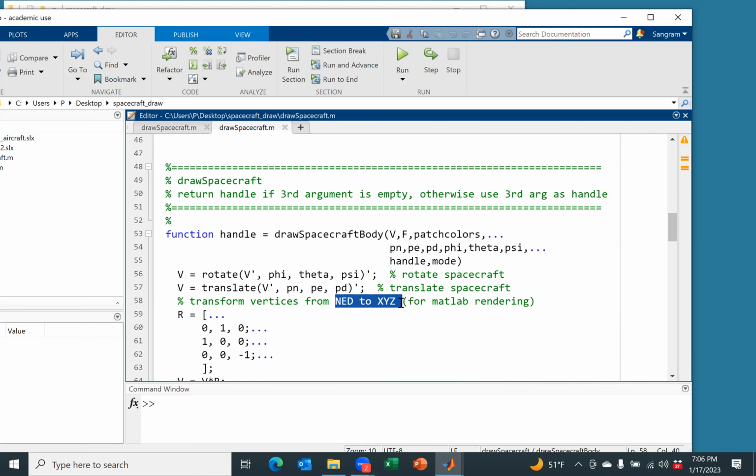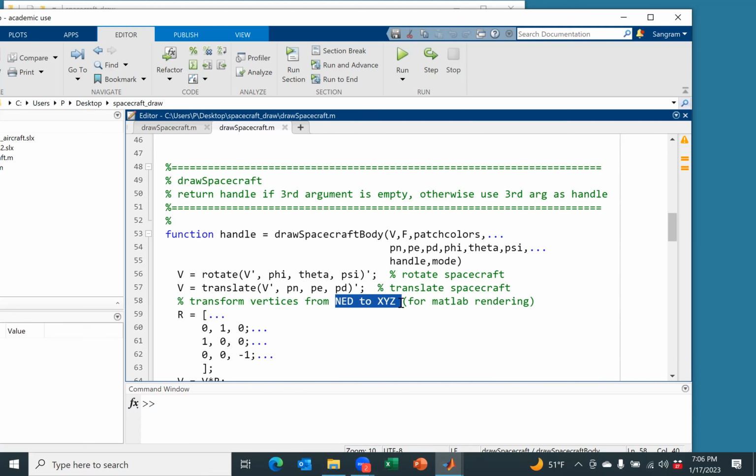If you don't use it, and I saw a student, your aircraft or spacecraft will be flipped up. That is because you are in north, east, and down. So think about it. Your down is going like this, but for MATLAB, it's going like this. So you have to have this coordinate transformation.